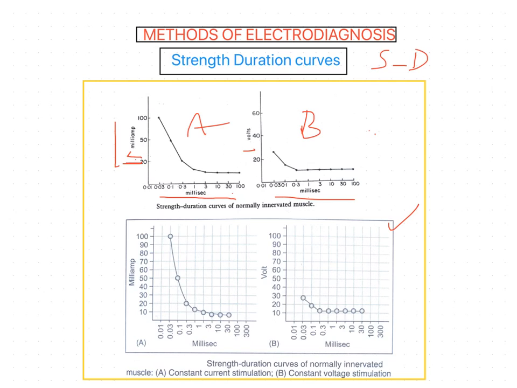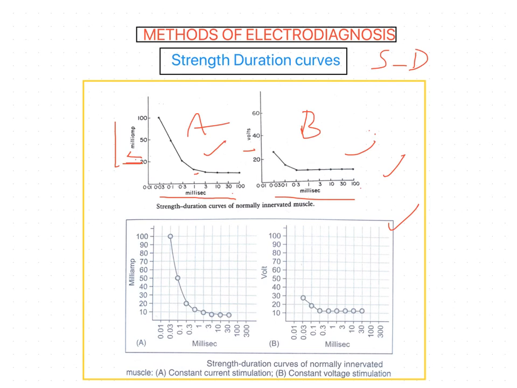If you compare these two stimulators, the graphs formed differ somewhat in shape. This curve is the normal strength duration curve of normally innervated muscle, and this one is also normally innervated muscle, but it is obtained using a constant voltage stimulator, and this one is obtained from a constant current stimulator.